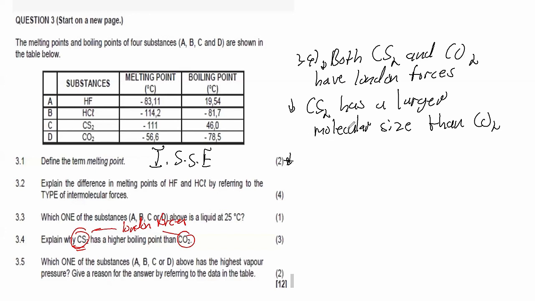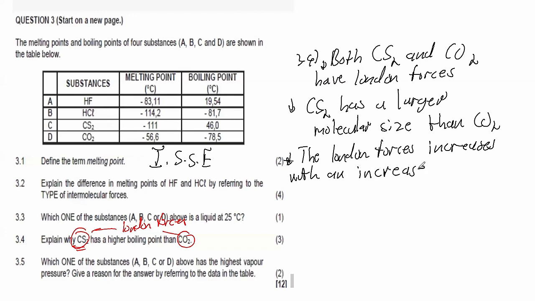And therefore, this means that we know that the strength of the London forces increases with an increase in molecular size. So the bigger the molecular size, the stronger those London forces in that molecule. So the London forces increase with an increase in molecular size.